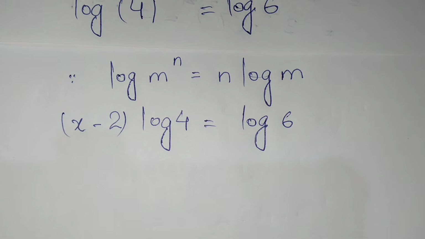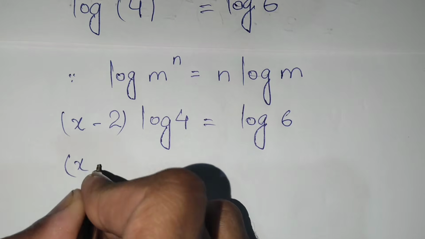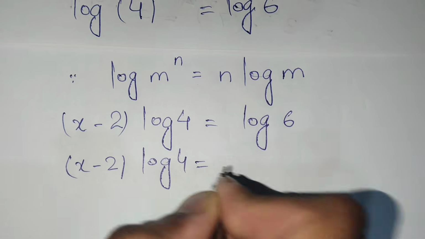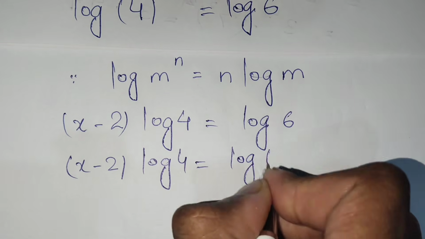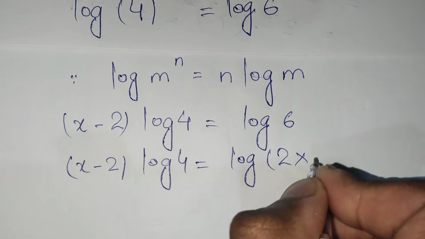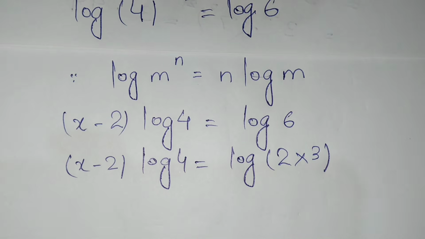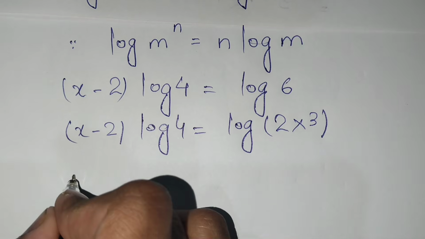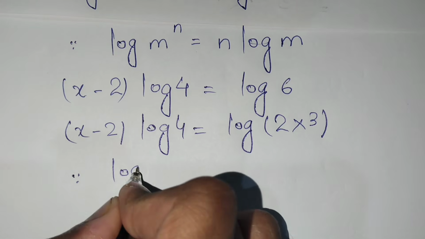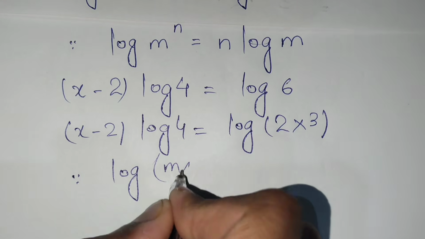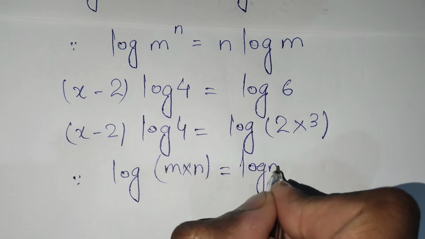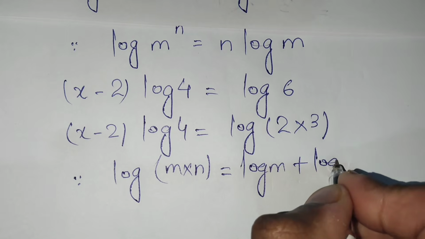Now we can write this as x minus 2 log of 4 is equal to log of 6, which can be written as 2 into 3. Now for the right side we know the formula log of m cross n is always equals to log of m plus log of n.